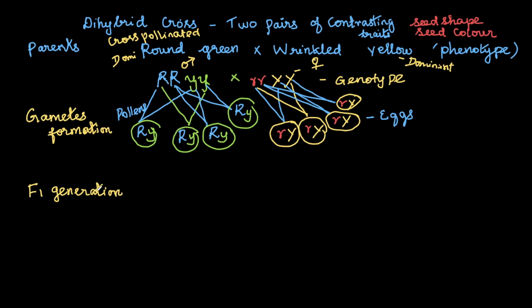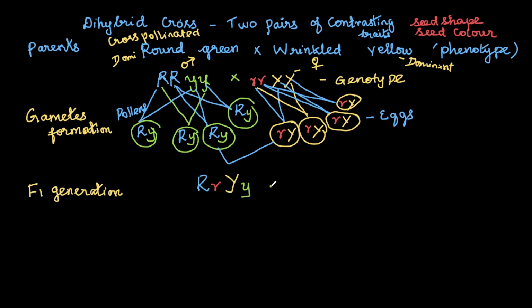What will you get in the F1 generation, or progeny, or filial generation? All will be round and yellow. When these two are joining, as they are the same type of gametes, you will get only one possibility: capital R, small r, capital Y, small y.